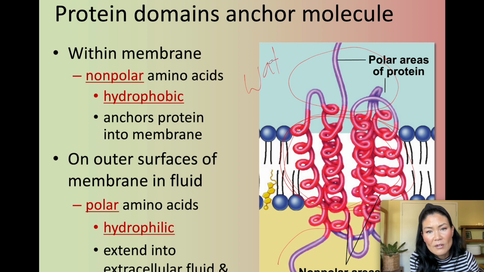There's water outside the cell, there's water inside the cell. So the hydrophobic part kind of anchors the protein in there, because if I took my finger and pushed the protein down into the cell, it's going to pop back up because the nonpolar amino acids don't want to interact with the water inside, so they're going to go back up. Okay.